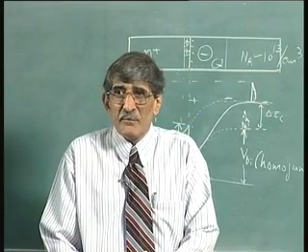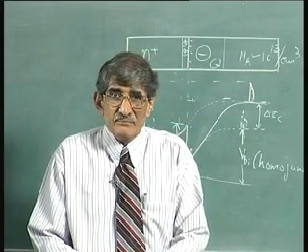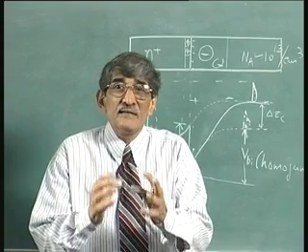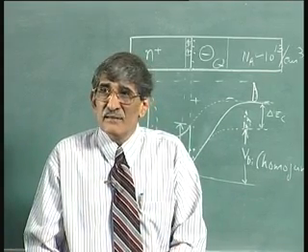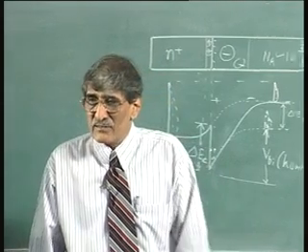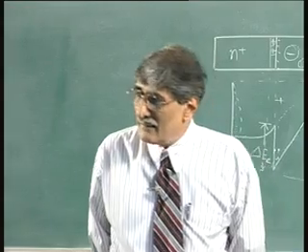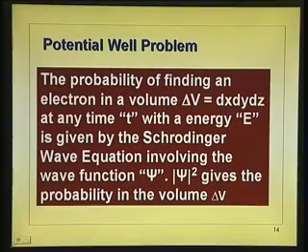But the whole thing is governed by a probability, where in x and in the momentum space you can find these electrons, and that is governed by the probability function psi. That is the wave function, and the entire probability is controlled by that wave equation, which is called the Schrodinger equation.